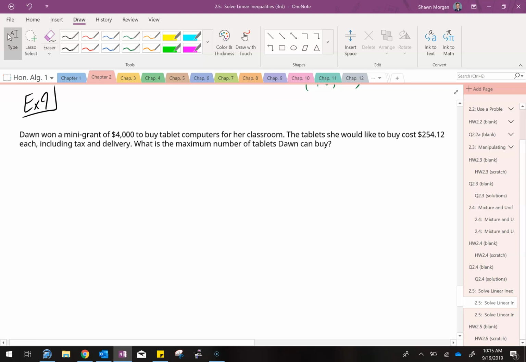You're going to have to pay $200 plus tax plus shipping, whatever. So this is out the door $254. It says, how many tablets could Dawn buy? Now the way that I would work this problem as a young person, or I guess I'll just say a little bit less experienced than you guys, I would just start to say, well, how much would it cost if she wanted to buy one of them?